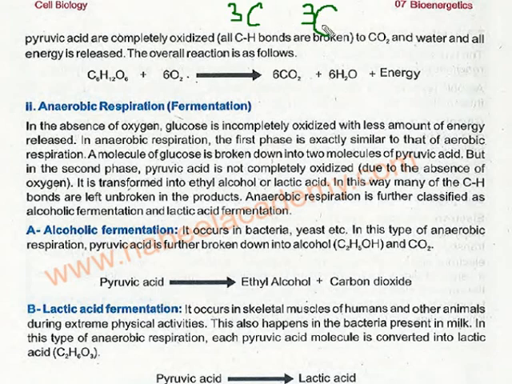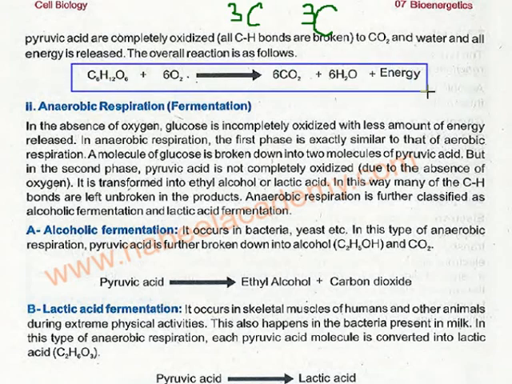This happens in the second phase, and what is released? Carbon dioxide is released, and water, and all the energy is released. And what is the reaction? This is the balanced equation. First of all, what is happening in the reaction?